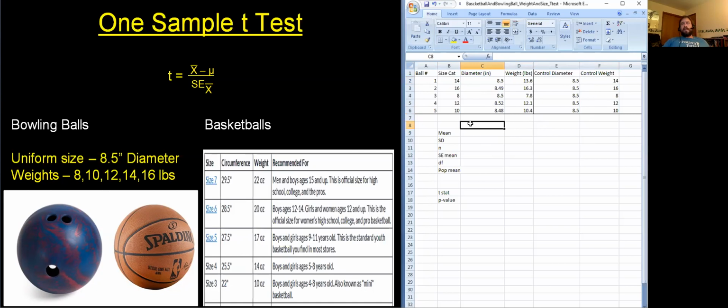So how do we work through a bit of hypothesis testing? Well, what are we interested in? I'm interested in knowing if the sample of 5 bowling balls that we were sent fits within the range of variance for a typical sample of bowling balls.